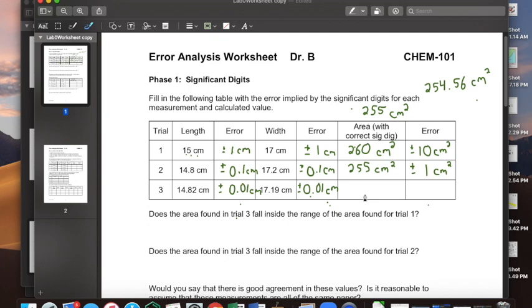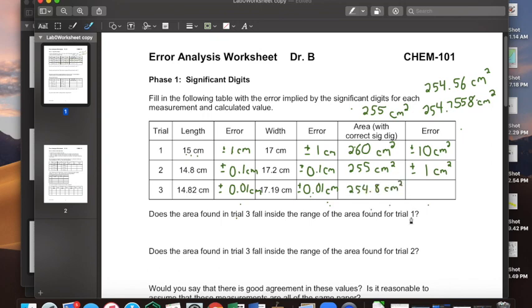Then when we multiply that, 14.82 times 17.19. Oh, my calculator is giving me a whole bunch of digits now. 254.7558. So my calculator gave me 7 significant digits. That's more than I can use. Again, we multiplied something with 4 by something with 4. So we're going to go ahead and keep 4.